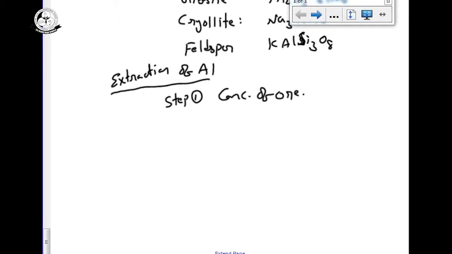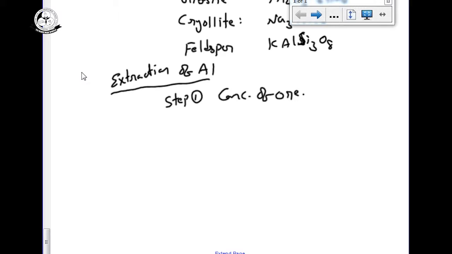What is the meaning of concentration of ore? I am taking the best mineral of aluminum, bauxite, and we are purifying it. Bauxite containing iron as impurity is called red bauxite. Bauxite is of two types, red bauxite and white bauxite. If sand is the impurity, that is white bauxite.